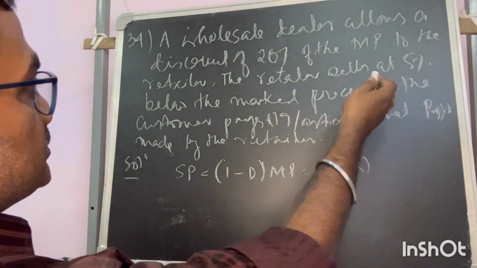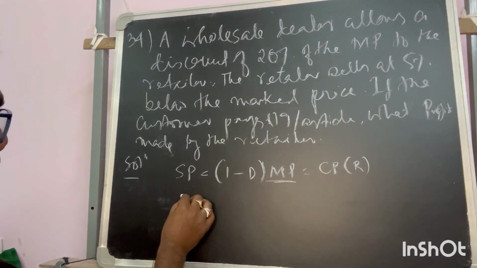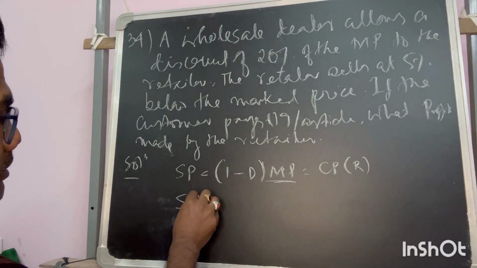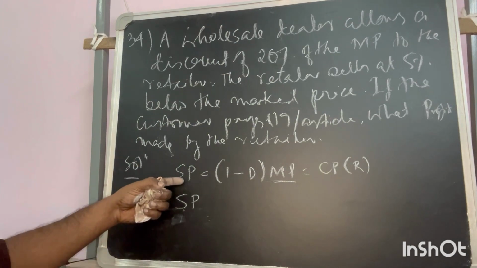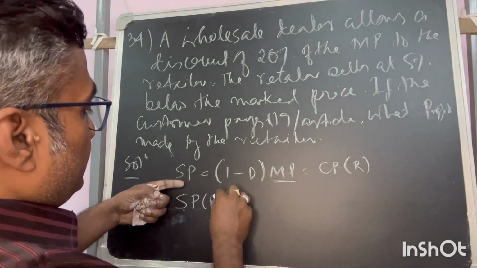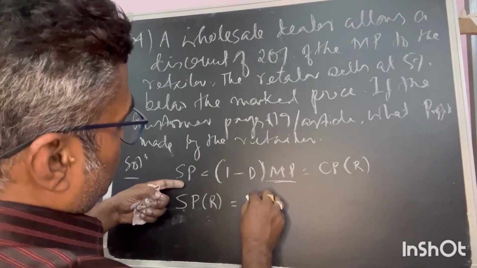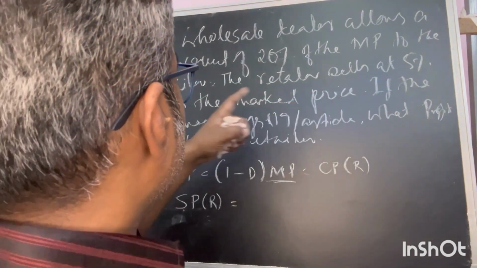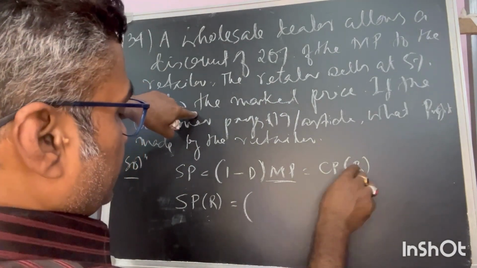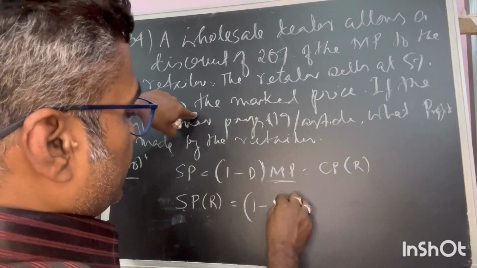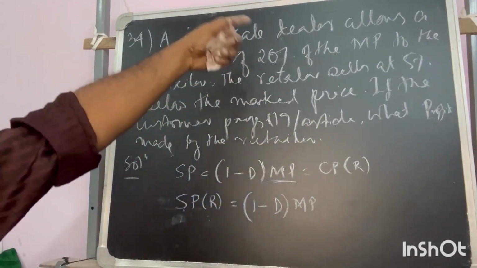So the retailer is further selling it 5% below the market price. The market price is this one. So the selling price for the retailer will be how much? The retailer sells at 5% below the mark price, assuming this mark price is the same mark price of the wholesaler.